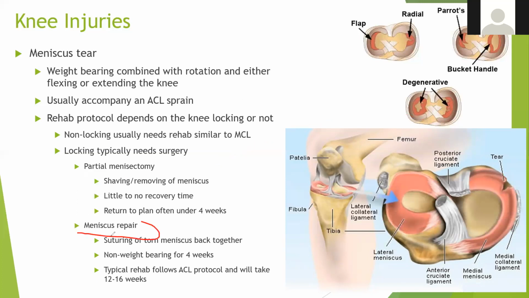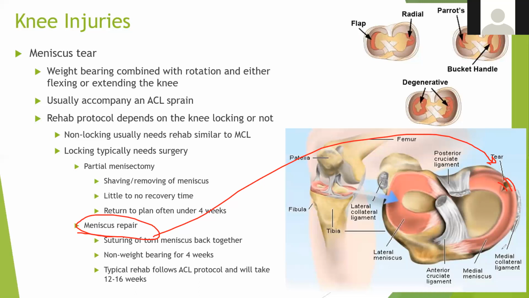A meniscus repair is where they would go with this tear and they would suture it back together. So they would give you stitches in the knee itself. Those stitches, called anchors, are going to stay with you forever, or at least until they tear out, because they don't usually last forever.